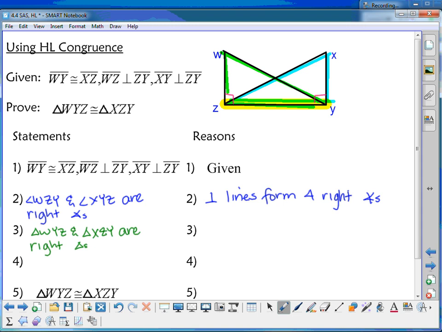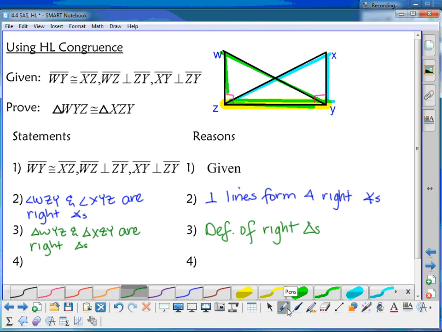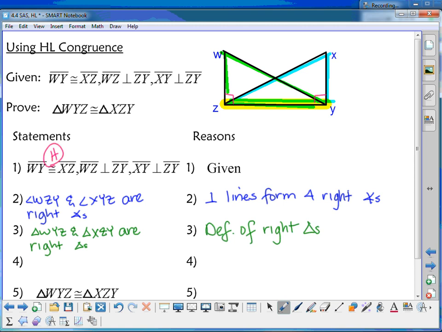If it has a right angle, that's the definition of right triangles. So now that I've said that, I notice that in my given, WY and XZ were the hypotenuses. So they already told me that the hypotenuses were congruent. So now I just have to say that the legs are congruent.